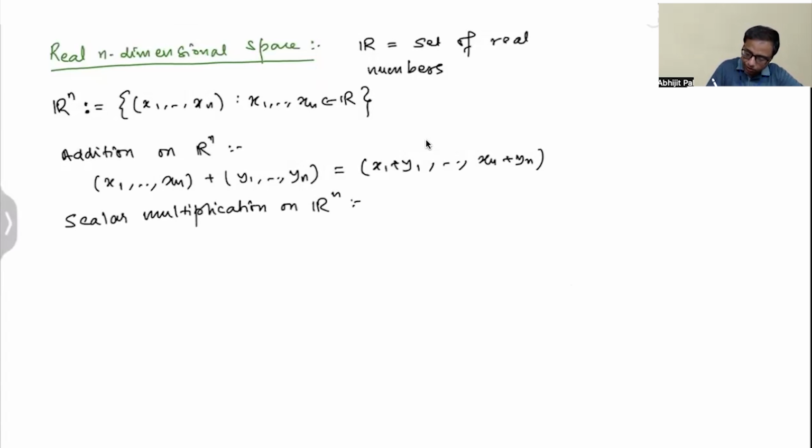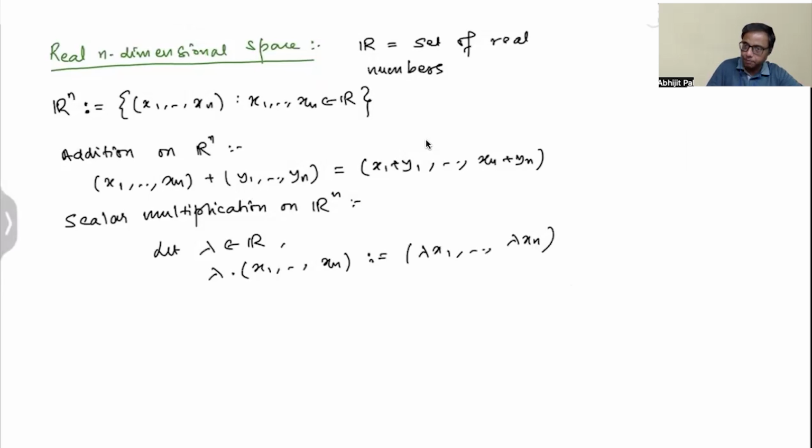If I take any lambda, which is a real number, then lambda times x1, up to xn is defined to be lambda x1, up to lambda xn. This is the definition of scalar multiplication. With respect to this addition and scalar multiplication, Rn forms a vector space over R.